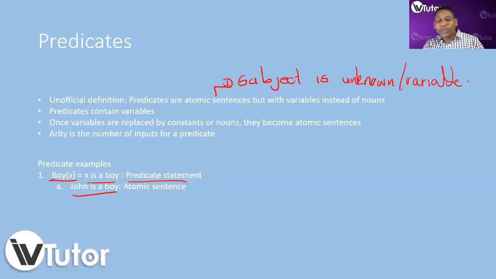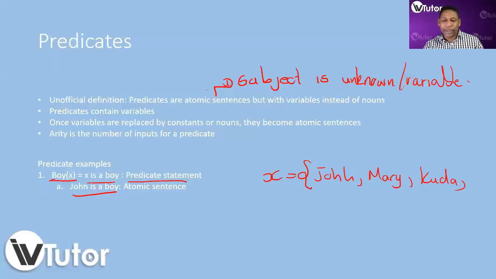Right. So what we see here is that X will represent a domain of some sort. So maybe now domain X, there was John, there was Mary, and let's put in another name there, let's say September, and we close off.